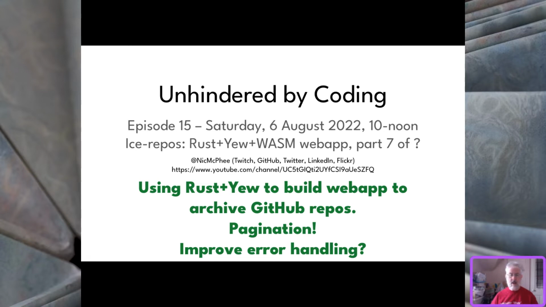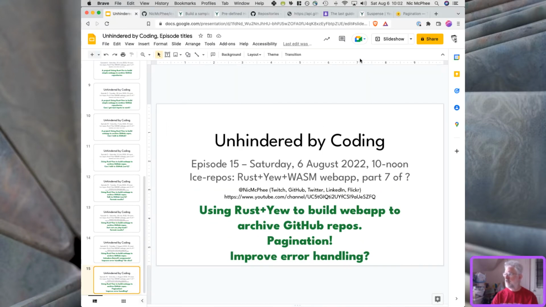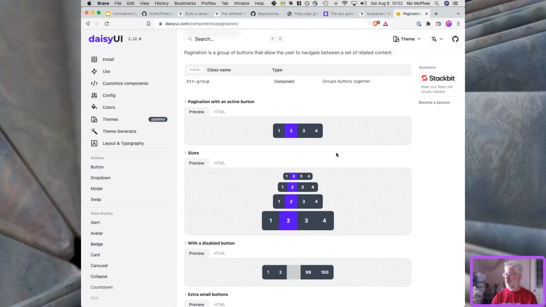We brought in DaisyUI last week, and there's some nice pagination kind of things with DaisyUI. These don't have any logic behind them. They're purely display, so we'll have to build out the logic.